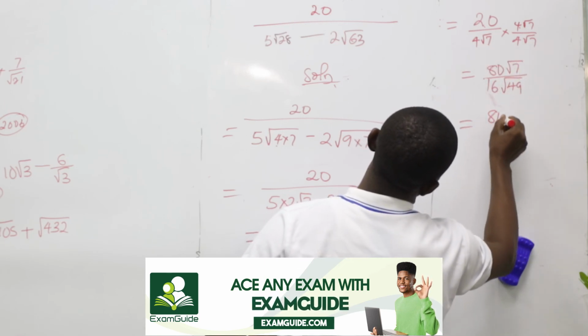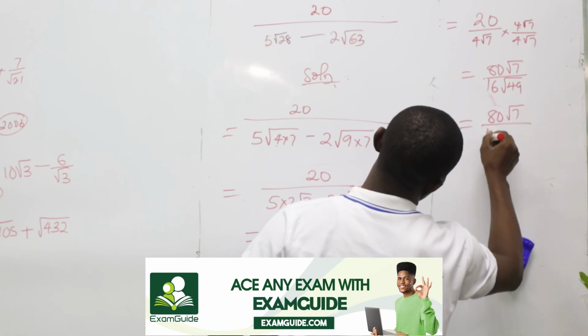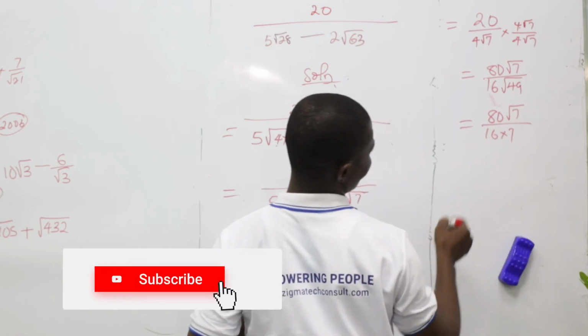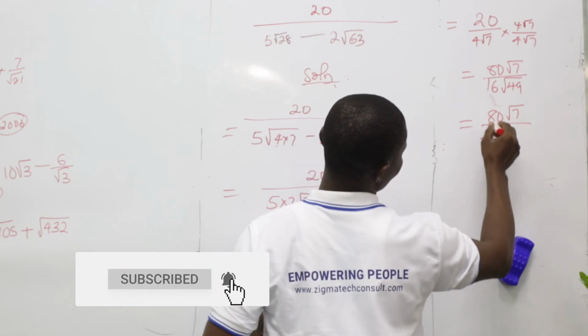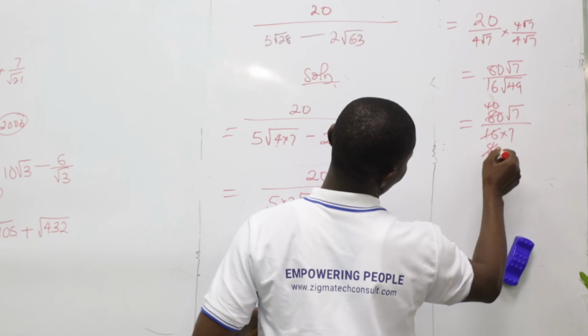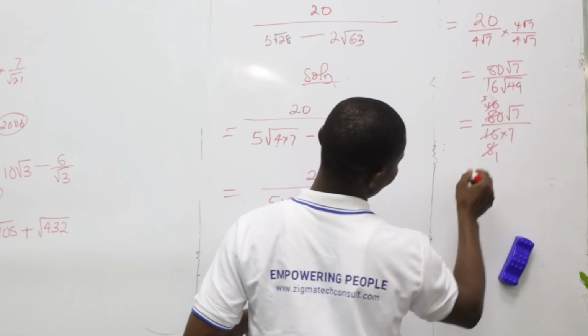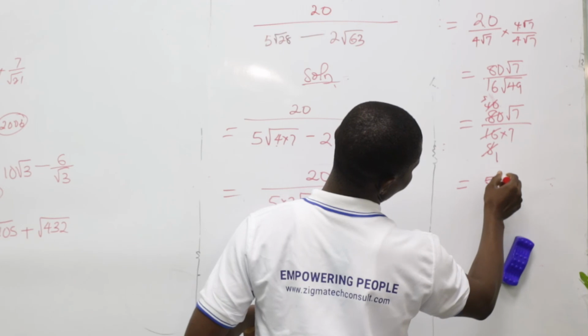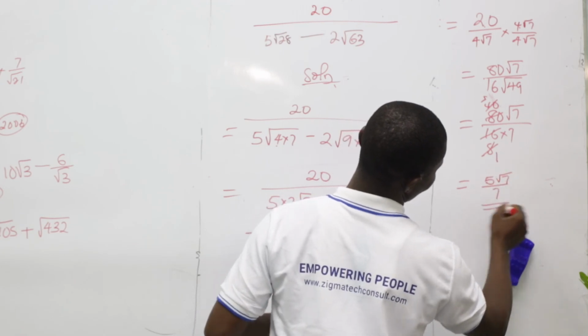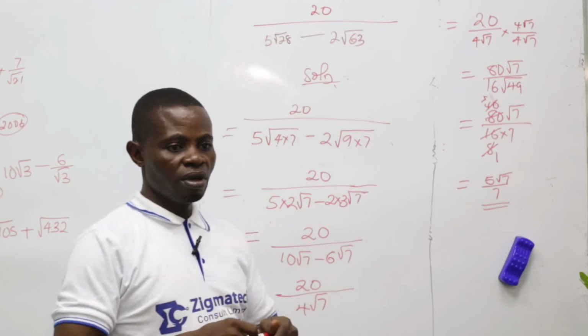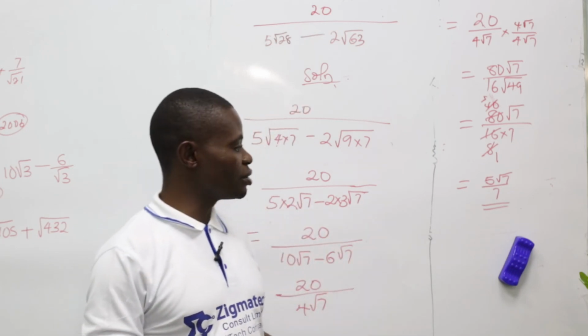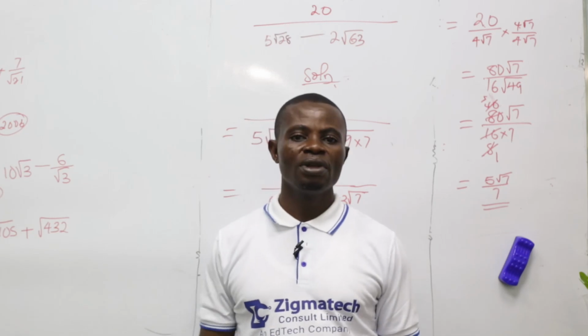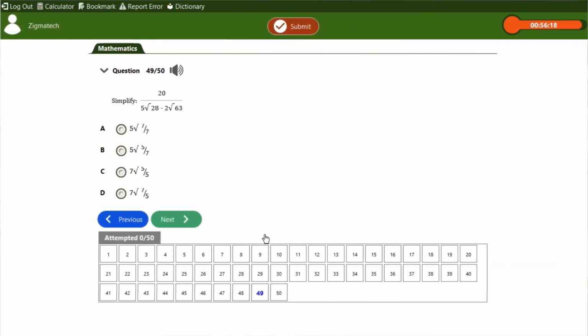To give us 80 root 7 all over 16 times what? 7. 2 here, 8, 2 here, 40. 5, 8 here, 1, 8 here, 5. To give us what? 5 root 7 all over 7. So our solution is what? 5 root 7 all over 7. Looking at the screen, our answer is option A, 5 root 7 all over 7.